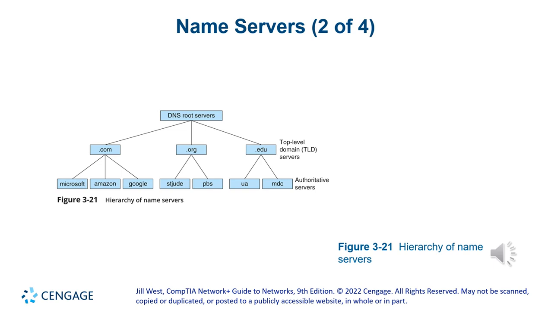So you have all those top level domains, and they are the ones that know where the authority servers are. Remember, the authority server is the one that resides in my organization. Since I am Miami-Dade, I have an authority server with all the domain names and all the fully qualified domain names that I have in Miami-Dade. Nobody else knows that. So when someone needs to come to Miami-Dade and asks, what's the IP address for that server named phone.mdc.edu, it will go to the root servers, and they say, oh, you're looking for an EDU.